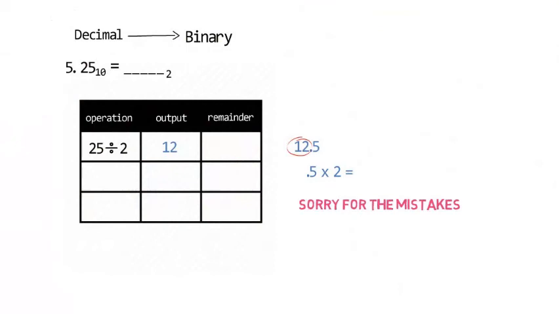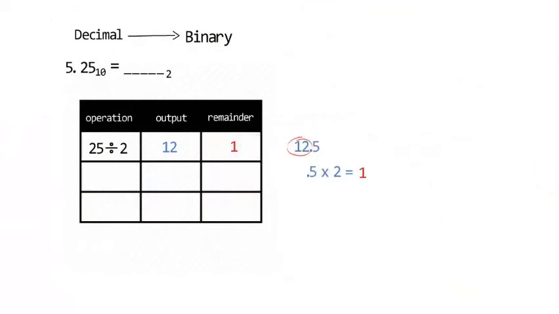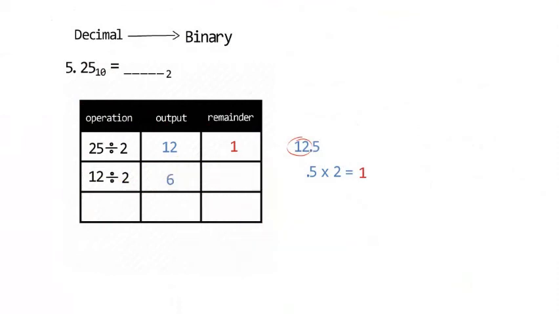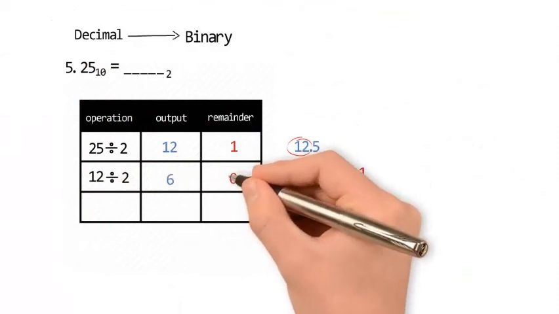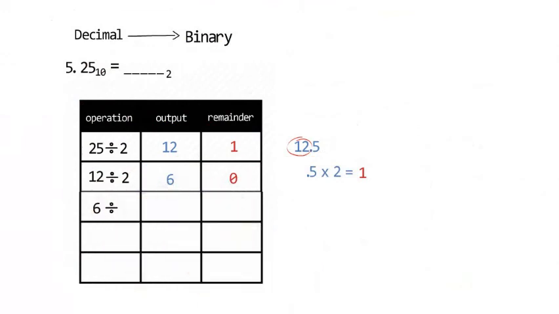So we have exactly 1, and then we will again divide the output, which is 12, by 2. We have 6. Exactly 6, so the remainder is 0.